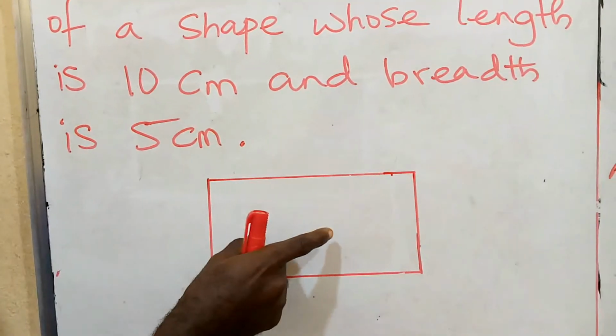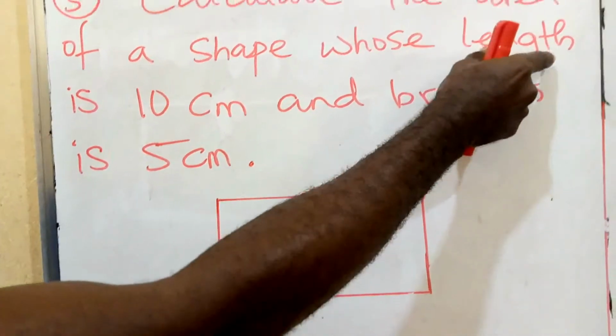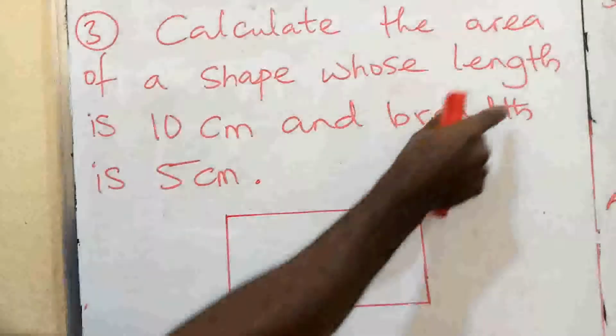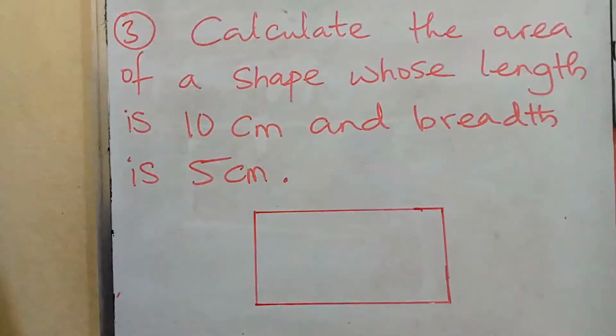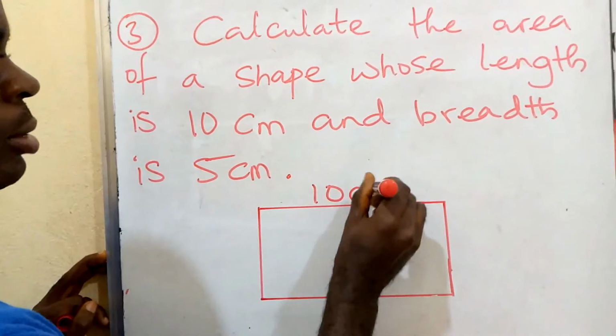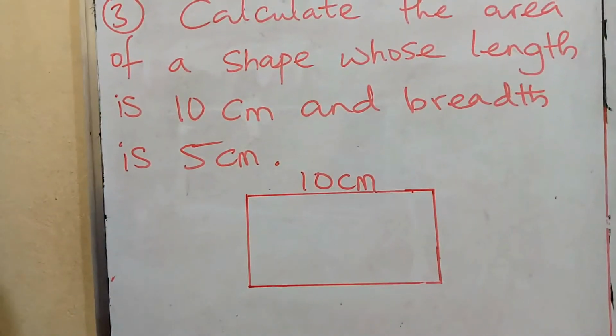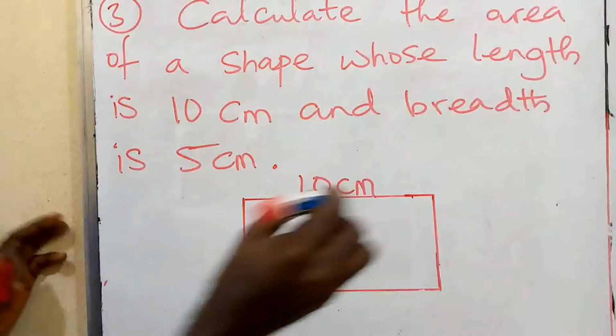All right, having drawn the rectangle, the next thing is, what is our length? In the question, length has been given to be 10 centimeters. So our length is 10 centimeters. And the breadth has been given to be 5 centimeters.